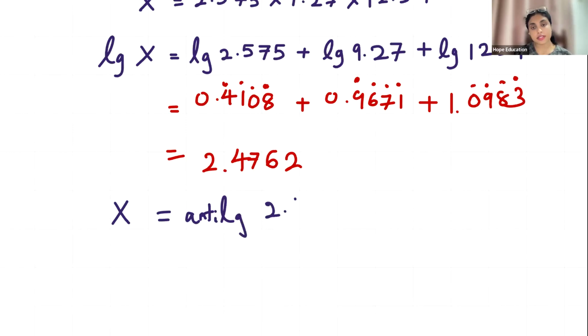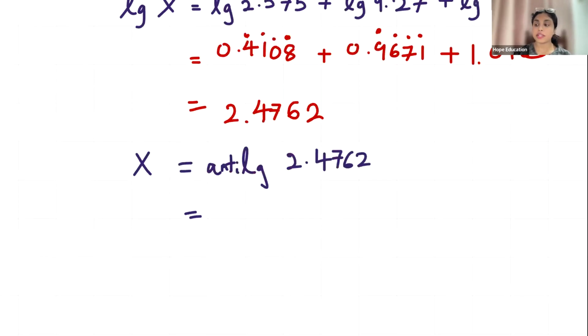Now 4762, I have to read from the log table. Can all of you quickly tell me what it is? Okay, Metna, that should be correct.